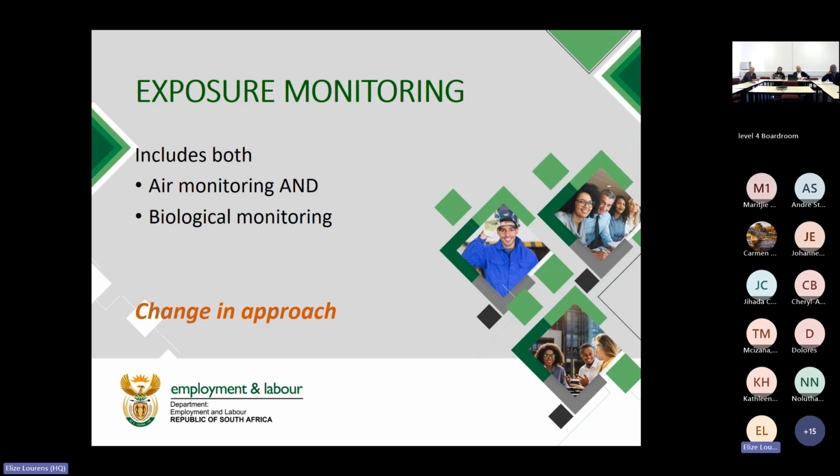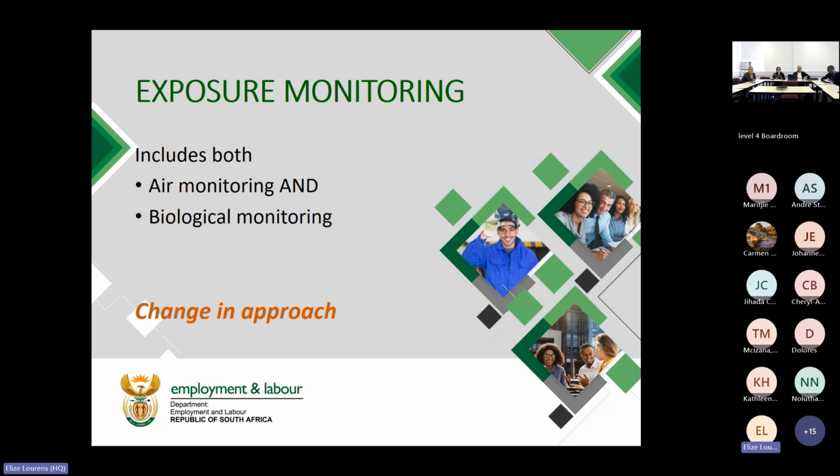Now moving on to where I would say the important stuff starts, looking at exposure monitoring. It's not really a change. It is common practice, and hopefully it is a common understanding that both air monitoring and biological monitoring are considered to be exposure monitoring, because the results that you get from air monitoring and from biological monitoring get used in the same way.